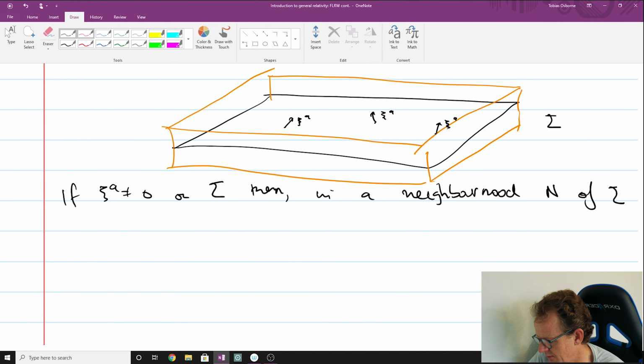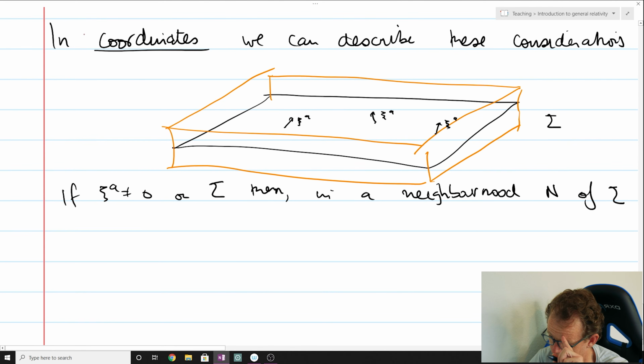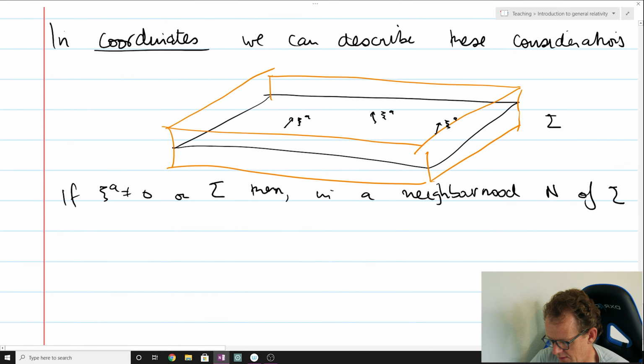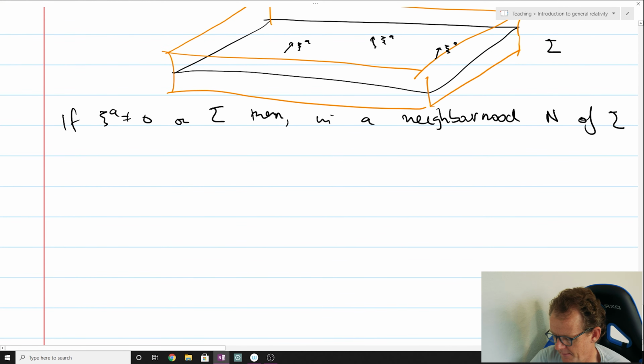And then we'll also be able to introduce other hypersurfaces related to sigma by translating the whole hypersurface along the geodesics generated by psi a. So anyway, to begin with, we got this neighborhood N. N is this orange parallelepiped-like thing.